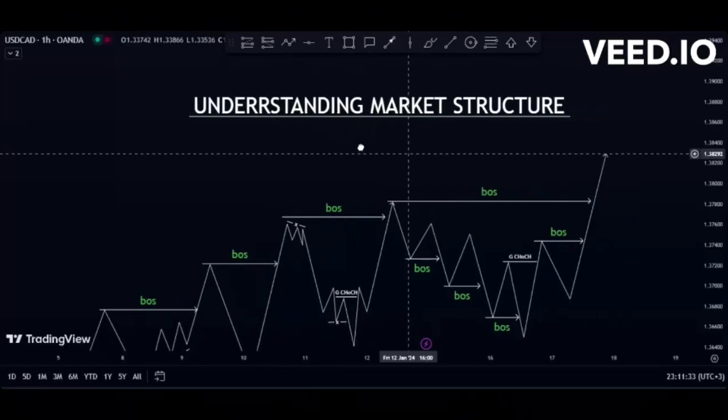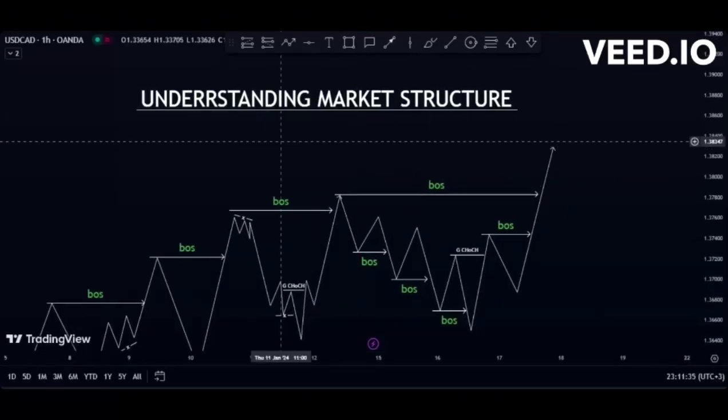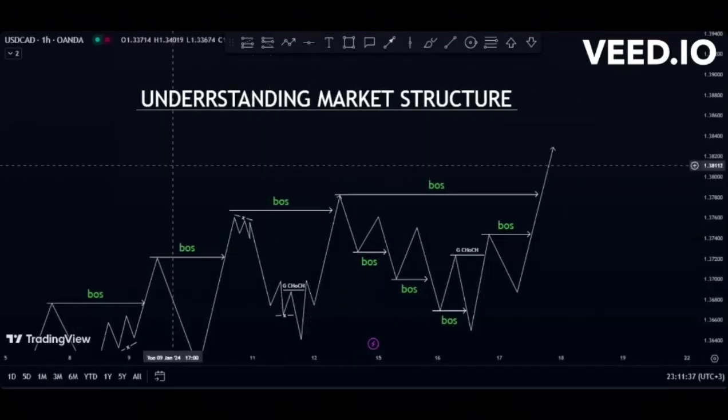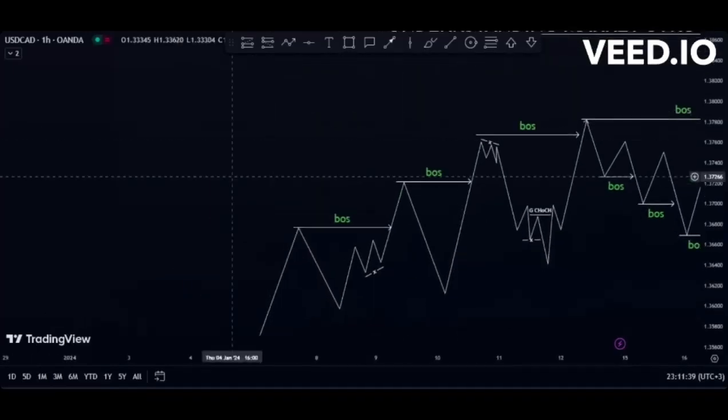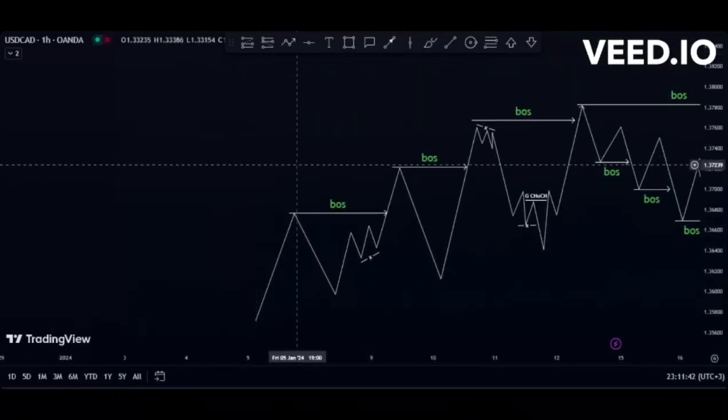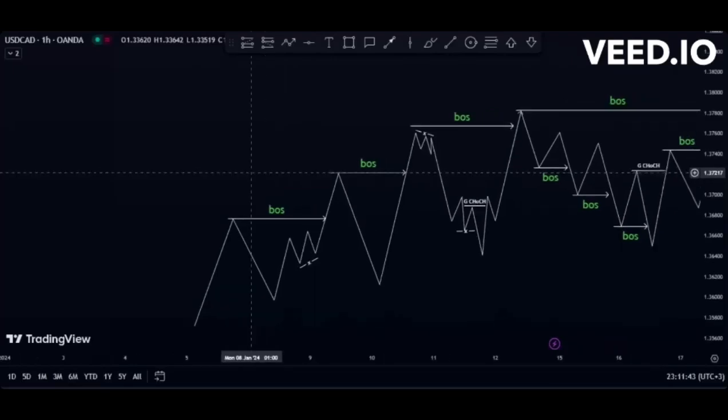So, let's see understanding market structure. As I have said, this is basically the current condition of the market, and it helps you to know whether you should be buying, selling, or actually being out of the market.